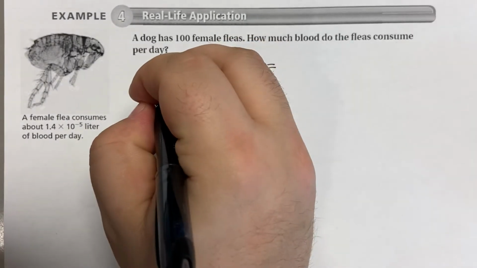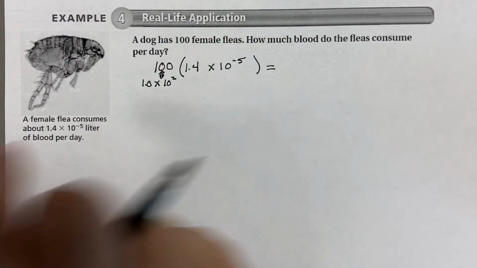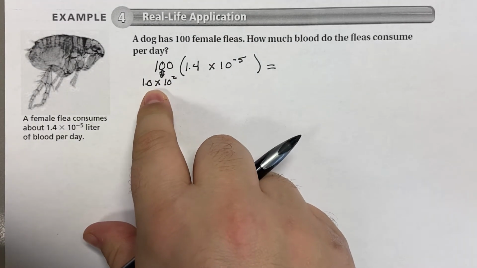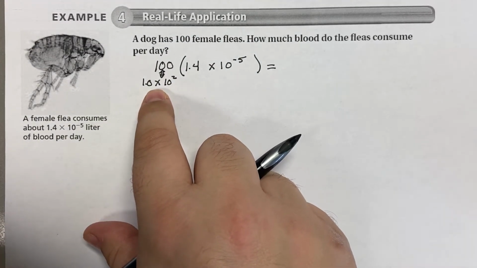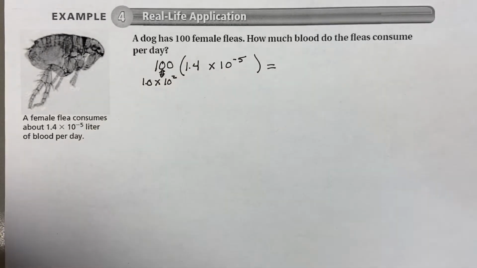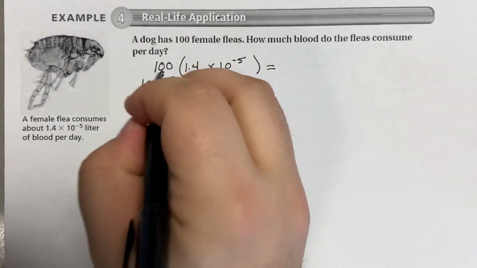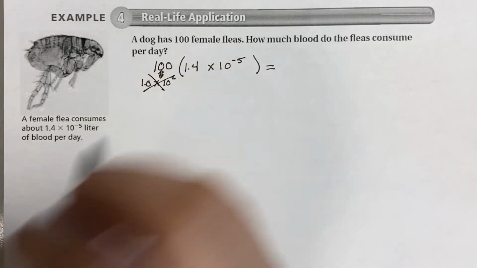These two are the same. So we could look to our rules for multiplying in scientific notation. The problem is we don't have the same factor, and because we don't have the same factor, this isn't going to help us.